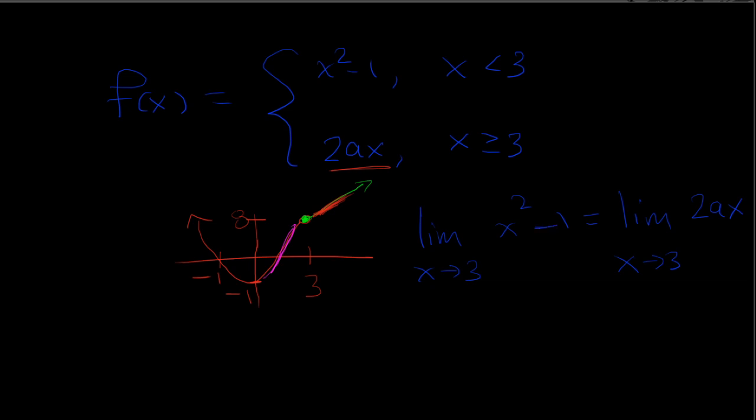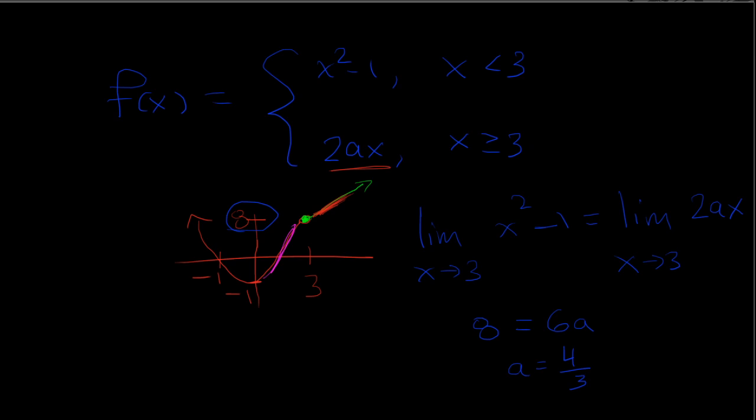Now on the left-hand limit, here I'll plug in 3 and I get 8, just like what I have here. And if I plug in 3 for 2ax, I get 6a. I divide by 6, and I simplify, and I get a equals 4/3.